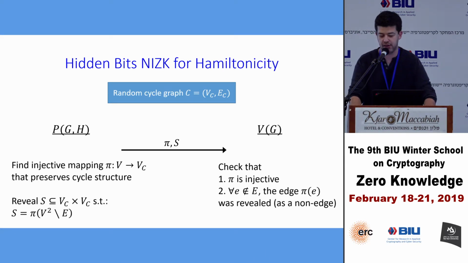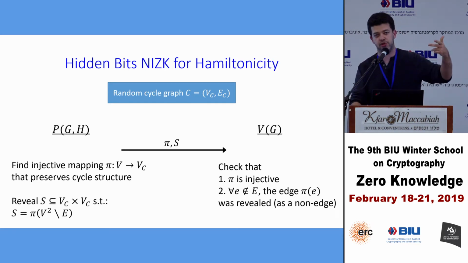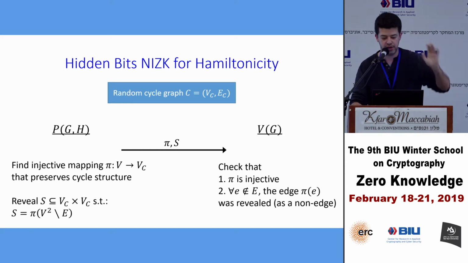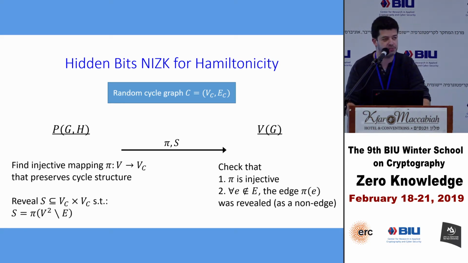And second, he checks that indeed for all the non-edges of the original graph, if you apply the mapping, this non-edge from the cycle graph was revealed and is indeed a non-edge. So what he sees is a 0, or a non-edge. And if both of these checks pass, then the verifier accepts.